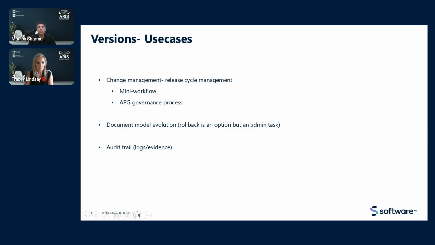It can be done, but you need an administrative right to do it. So if you're an administrator with database administration privilege, then you can roll back model versions to a previously known version. And as I said earlier, the whole idea about versioning is to be able to evidence that the model has changed over time and be able to compare and see how that model has evolved over time.